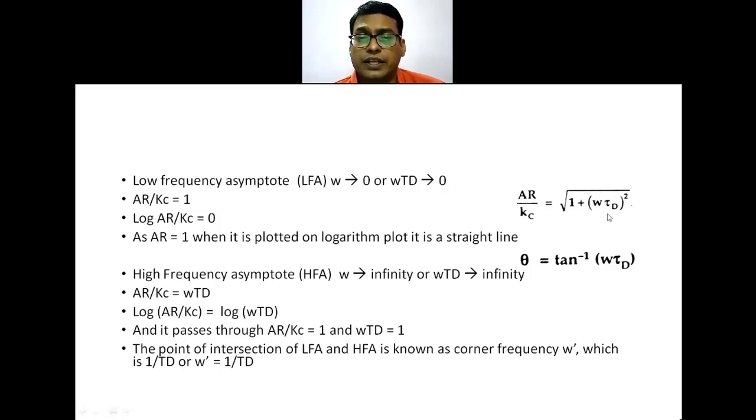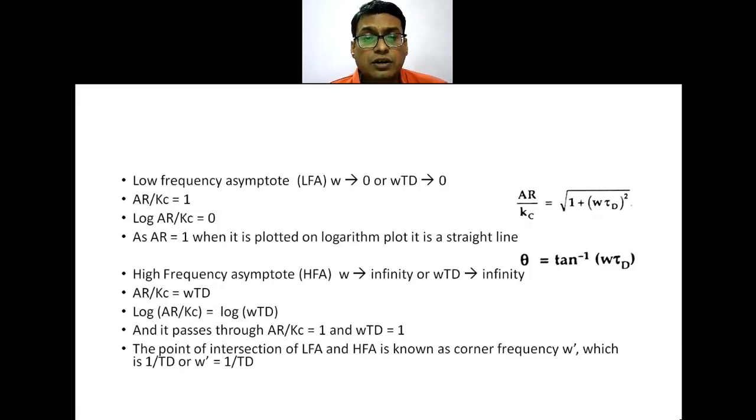So knowing this amplitude ratio and knowing theta, we substitute the 0 values and the infinity values, calculate the value of AR upon Kc, and then plot that value on the log graph paper.